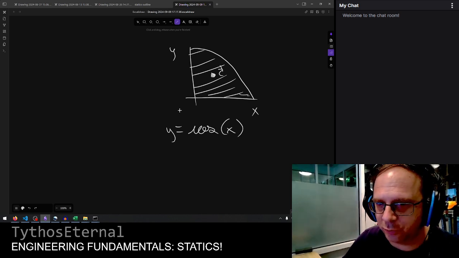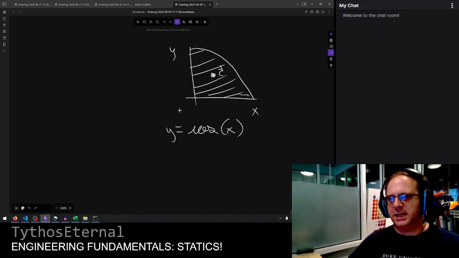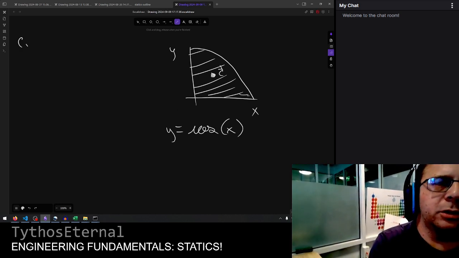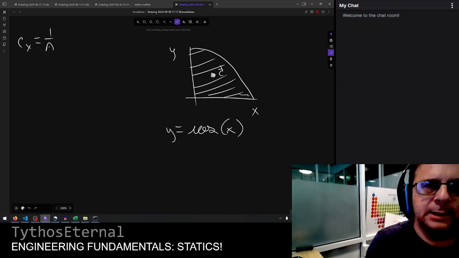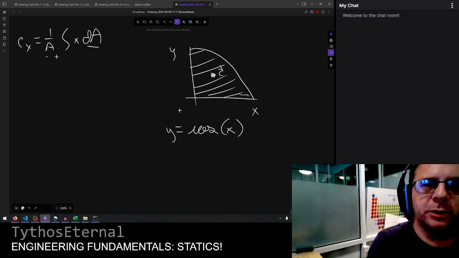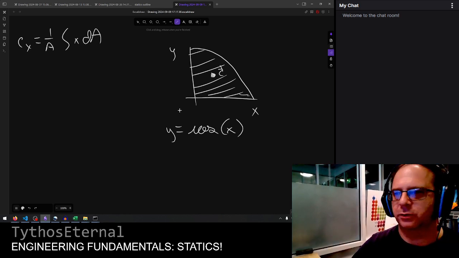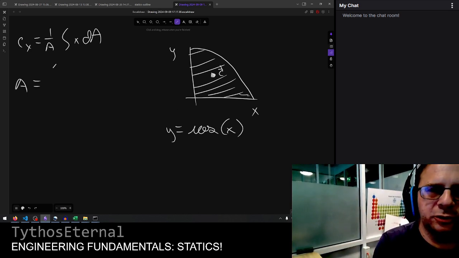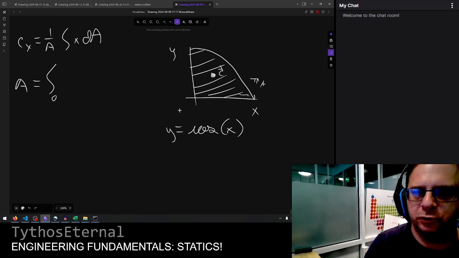We have our equations. We know how to determine each of these coordinates, but the actual integration itself is not particularly straightforward. So let's start, recall cx, 1 over A, integral x dA. We don't know this and we don't know this. We want to figure those things out. So the easiest thing to do, of course, is to integrate, determine the area under the curve. In this case, this is pi over 2, right?